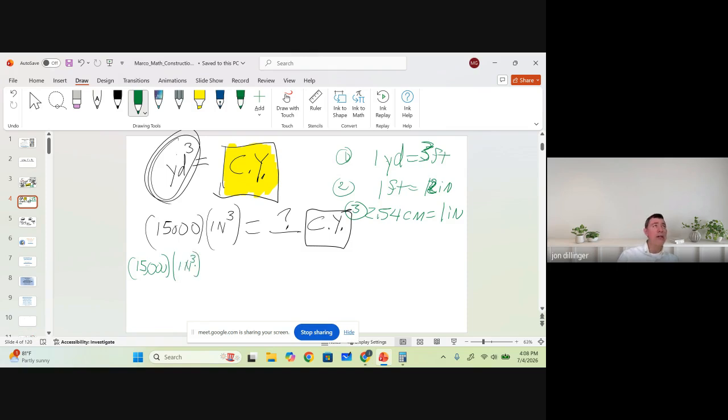When you're dealing with the units, you handle them like you would a number. So inches cubed could be like inches, inches, inches, multiplying them all. It's the same thing, like inches multiplied by inches multiplied by inches.